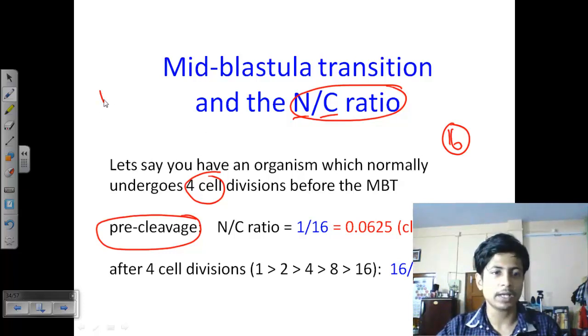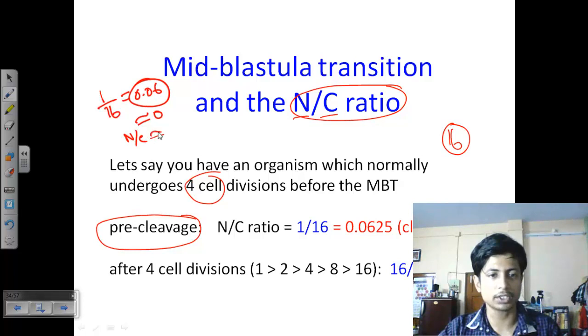So here we have only one nucleus and the capacity to produce 16 different cells. So the value is 0.06, which is close to 0. So the nucleus to cytoplasm ratio is close to 0.